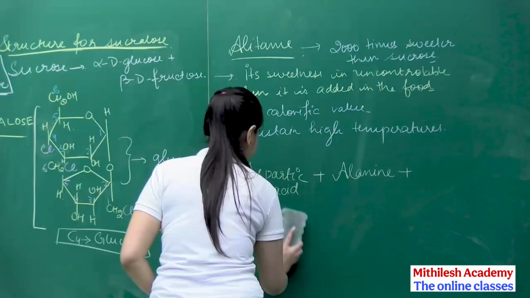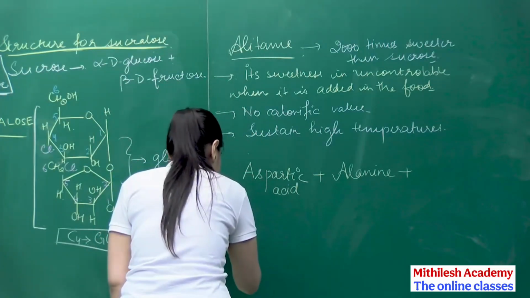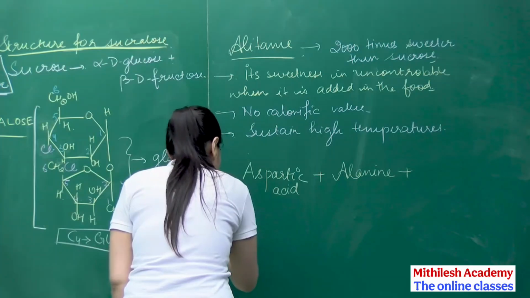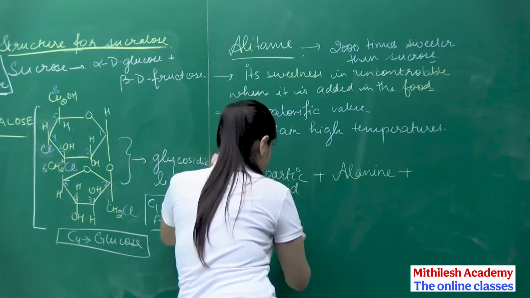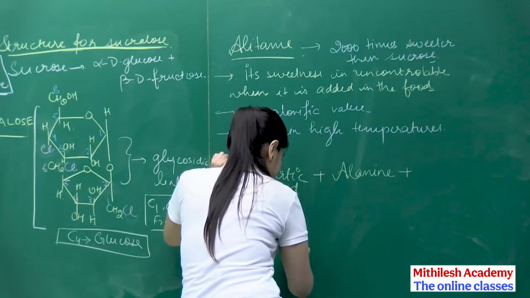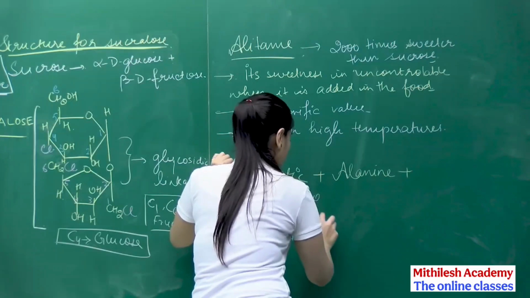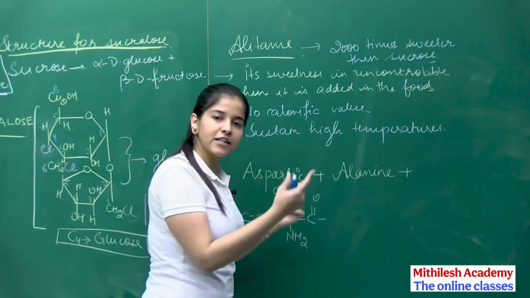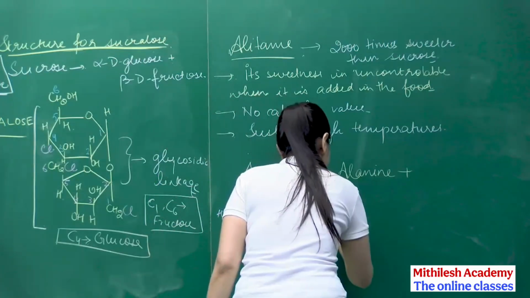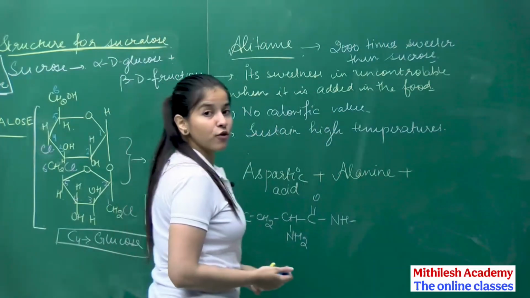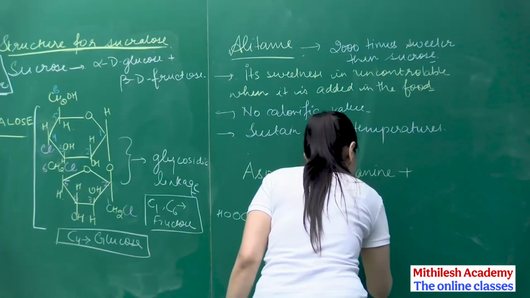So let us just have the structure. Aspartic acid. So what is aspartic? Again having COOH, CH2. What else? I need to have CH, NH2, C double bond O, and the NH for that. This is nothing but the peptide linkage that we are going to form. So that is NH. NH I am taking for the alanine here in this case. And what else does it contain?